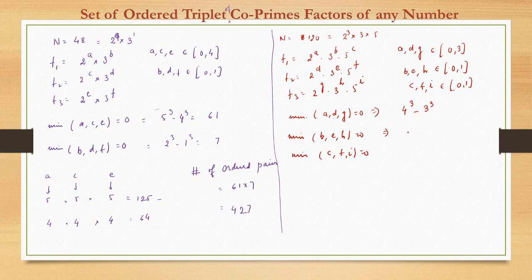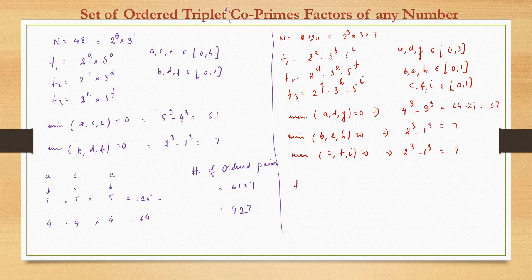Here it will be b, e, h. So again 2 cube minus 1 cube. And here also 2 cube minus 1 cube. Same concept, I'm not reiterating everything. So it is 64 minus 27, which is 37. This is 7 and this is again 7.